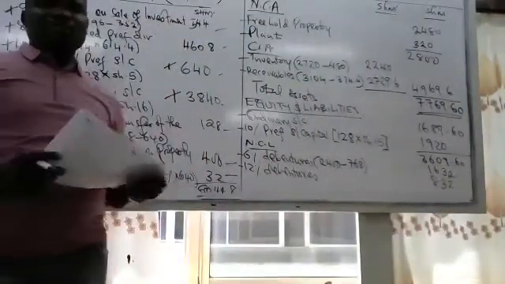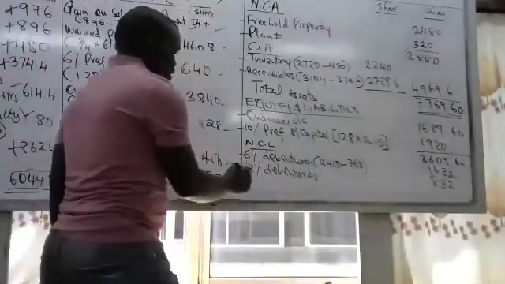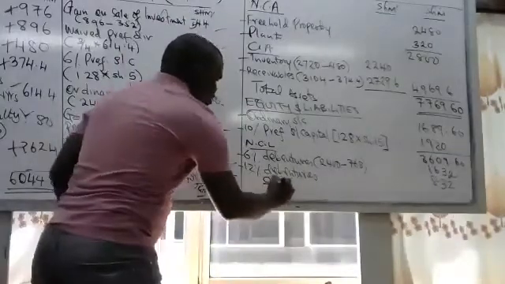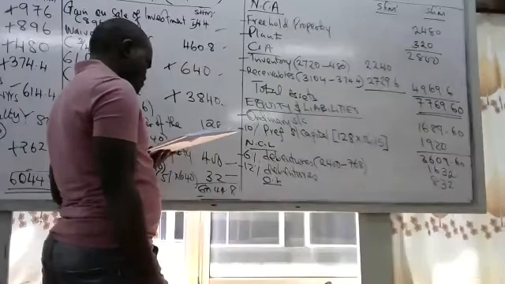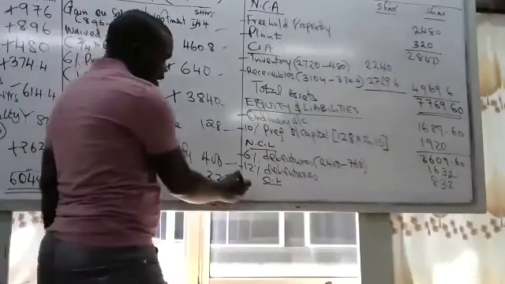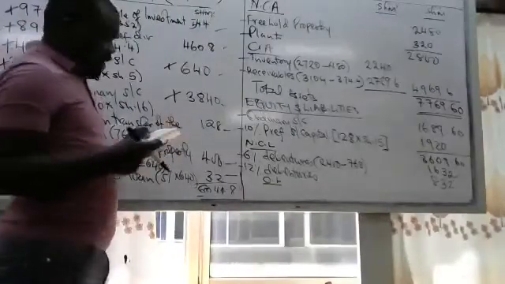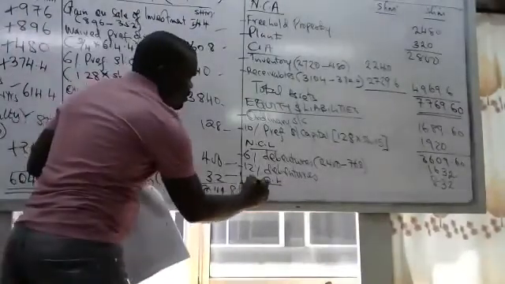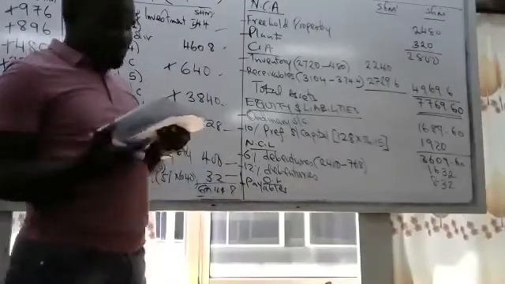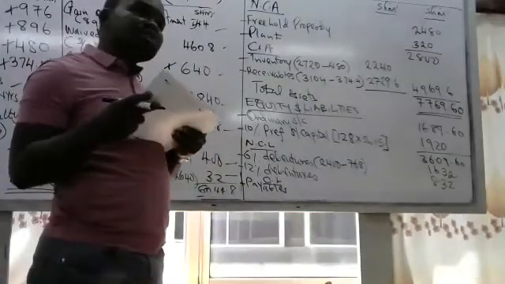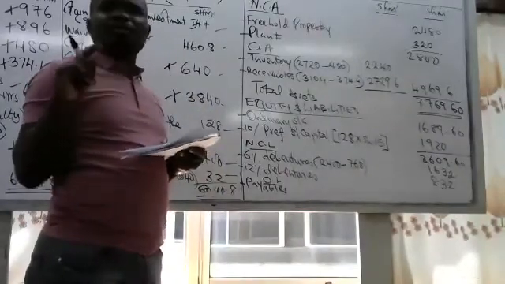Current liabilities. Are they many? There are only 3. All right. We'll fix up. So current liabilities, payables. Payables, how much was the balance? It was 16. But there's somewhere they said they want to be paid 0.4.